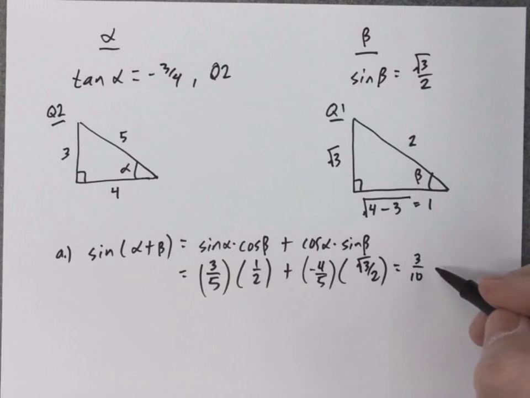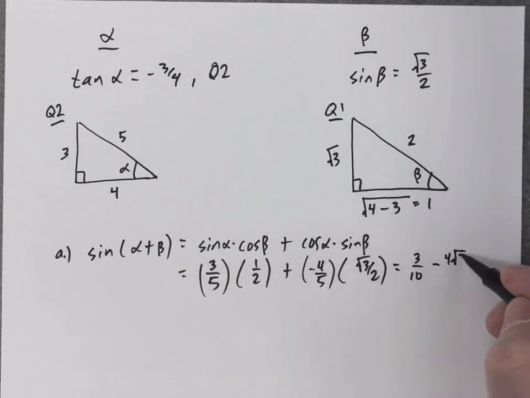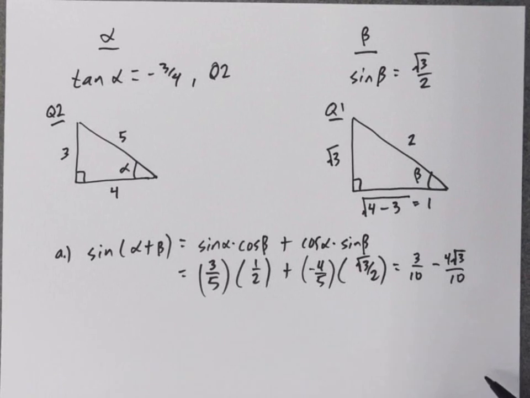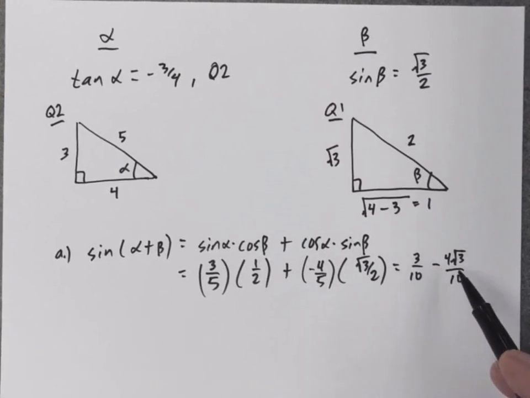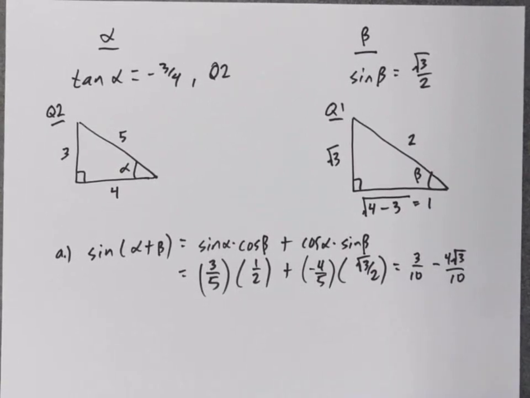I got a negative here, so it's minus 4 square root of 3 over 10. And then for the final answer, they might want you to combine these together. So this is number 64, and this answer is correct. They wrote it as one fraction, but I'll just leave it like that.